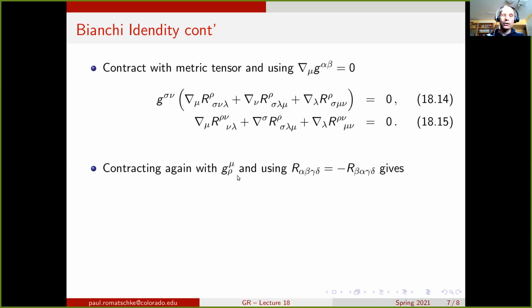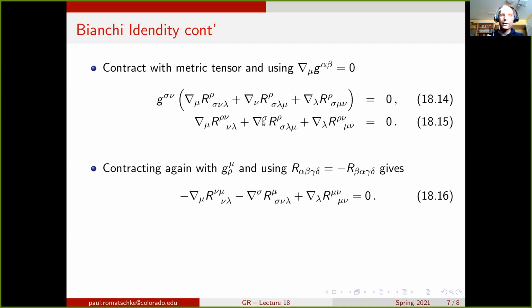Next, again, we contract with another metric tensor, and we again use the property that the R tensor is antisymmetric in the first 2 indices and the last 2 indices. So we do this. If we contract the first term up here with g mu rho, we replace the rho by mu, and we swap the order of nu and mu, picking up a minus sign, so we get this first term here.